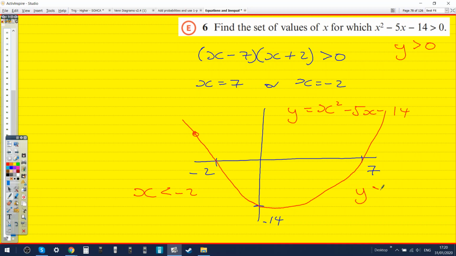Oh, I'm not sure. So y is greater than 0 when x is greater than 7. On this side, y is greater than 0 when x is less than minus 2. Y is just a short name for this.